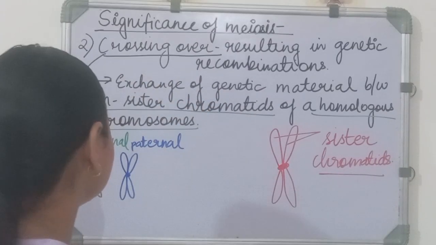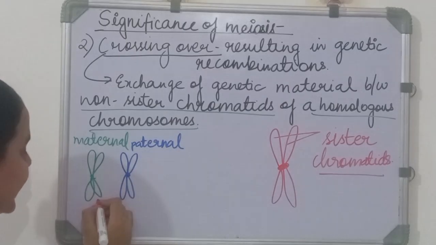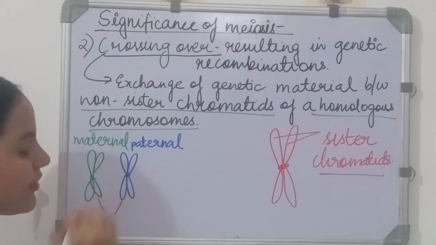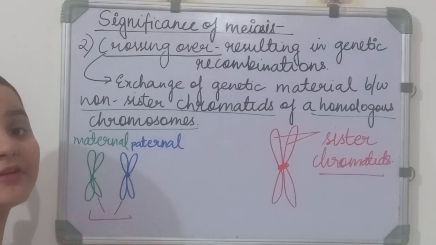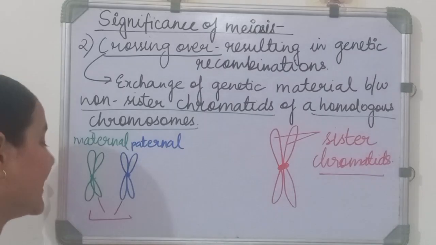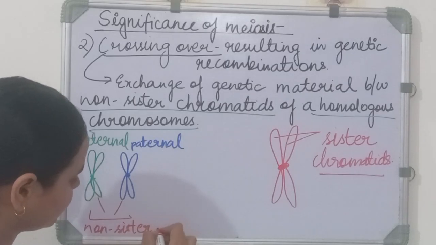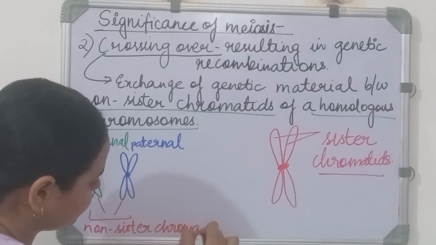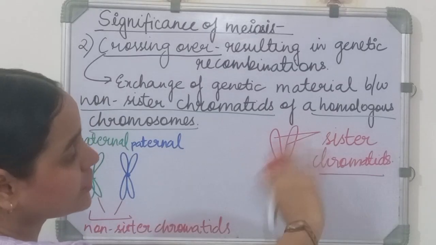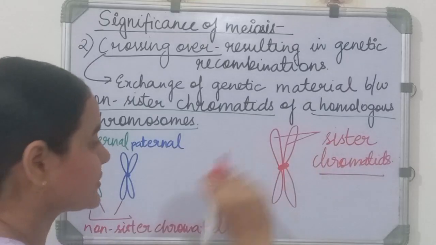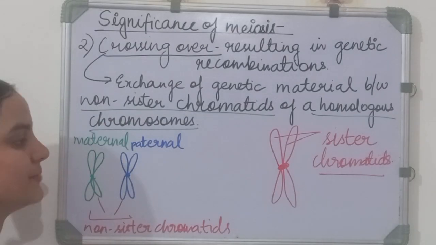But if we are addressing the chromatids of different chromosomes, meaning a chromatid of this chromosome and a chromatid of this chromosome, they will be known as non-sister chromatids. I hope it is clear. The chromatids of the same chromosome are called sister chromatids, and the chromatids of different chromosomes are known as non-sister chromatids.